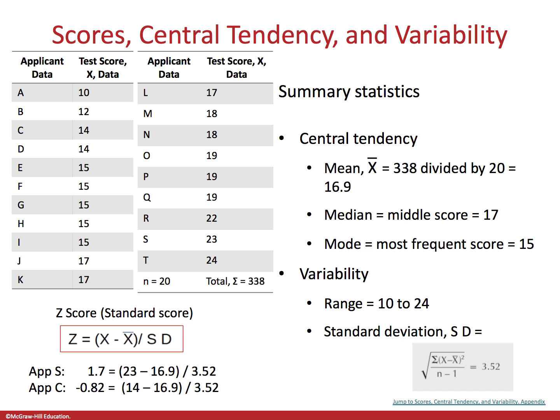The formula is pretty simple and can be calculated in Excel using the standardized function. In the calculations for applicants S and C, you can see that S has a score of 1.7 higher than the average, and C is 0.82 below average.